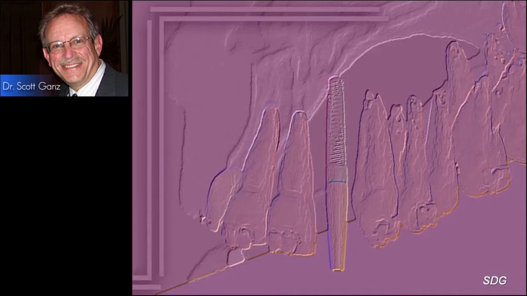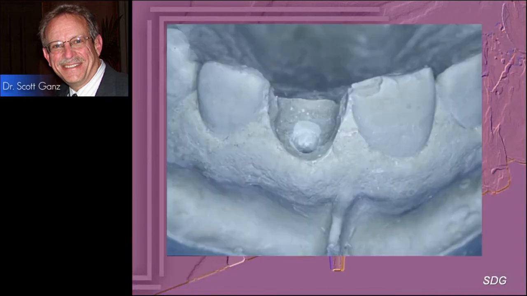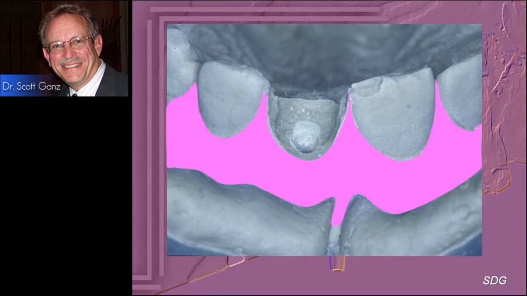And we can do that not only to be able to assess the placement of the implant spatially, but also to be able to preserve the surrounding architecture, such as you see here in the soft tissue in the interdental papilla, as well as the alveolar sulcus. And we need to be able to support that during the entire healing phase so that we don't lose that valuable piece of real estate, which of course in this case is the soft tissue.